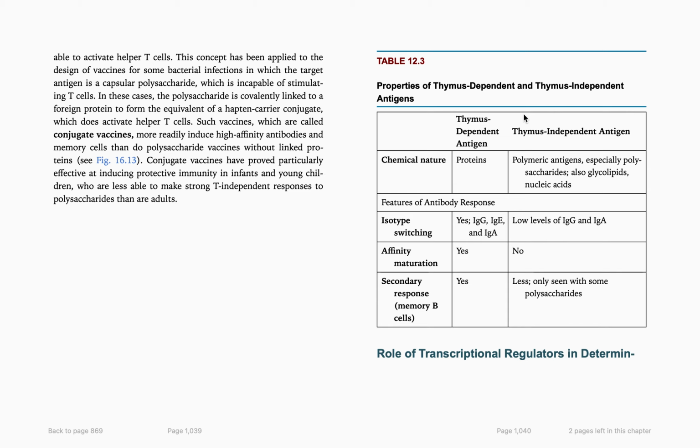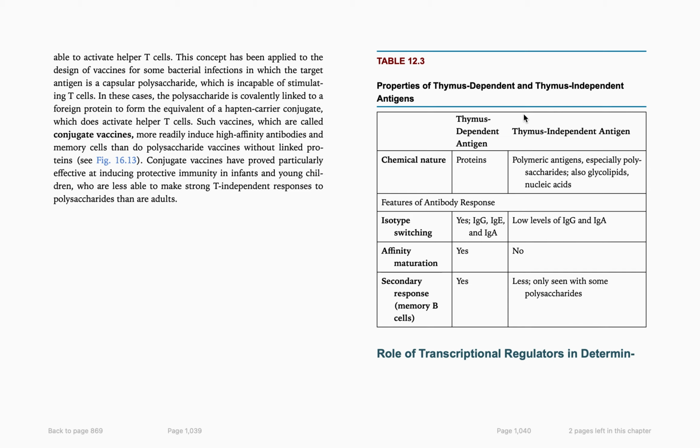Conjugate vaccines have proved particularly effective at inducing protective immunity in infants and young children, who are less able to make strong T-independent responses to polysaccharides than adults.